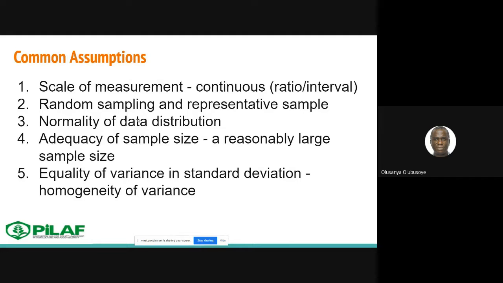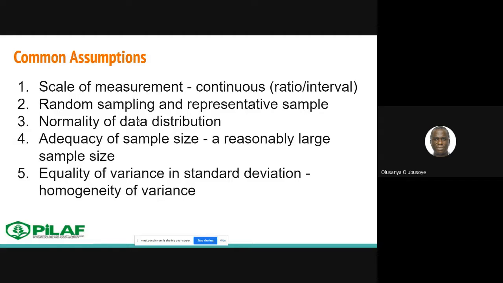And finally is the issue of equality of variances. This is a situation where you are dealing with two independent groups. So the assumption is that the standard deviations of the two groups are the same. That is, they have the same degree of spread or dispersion.